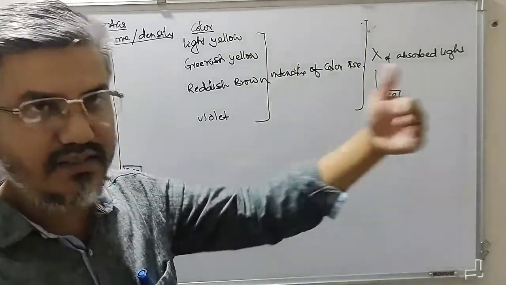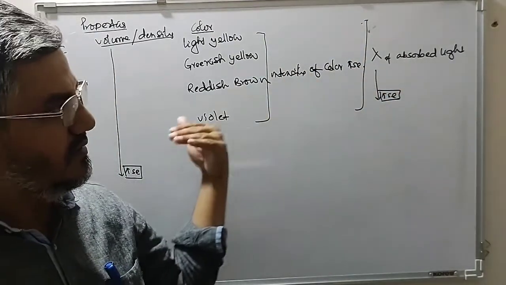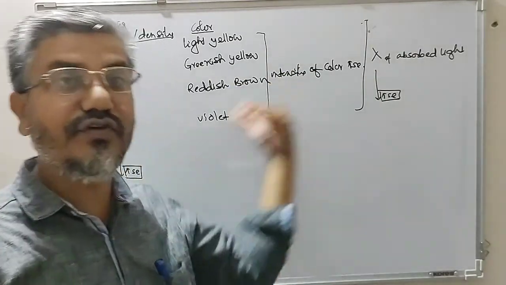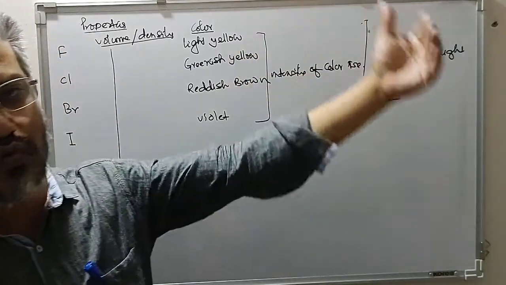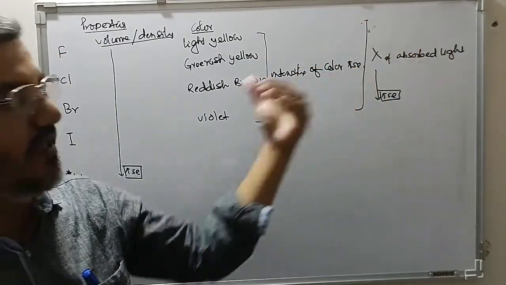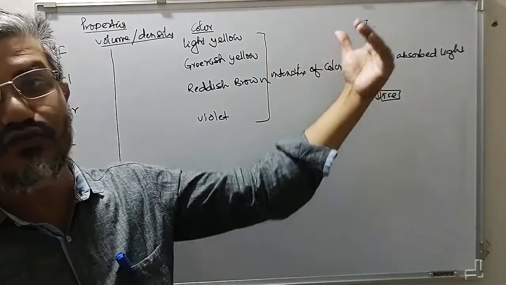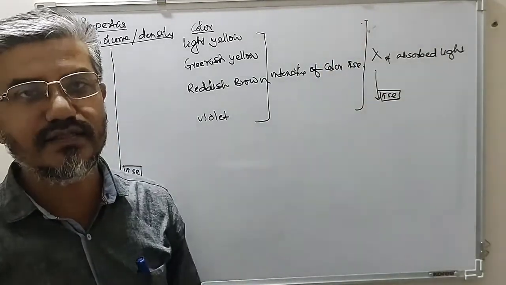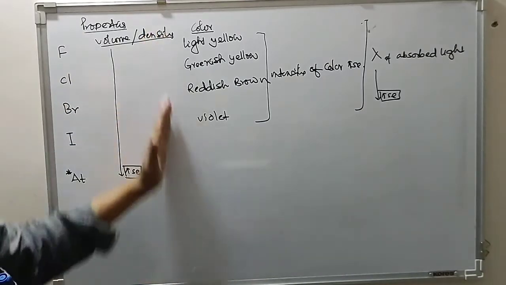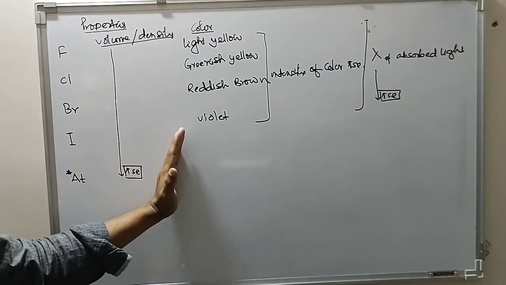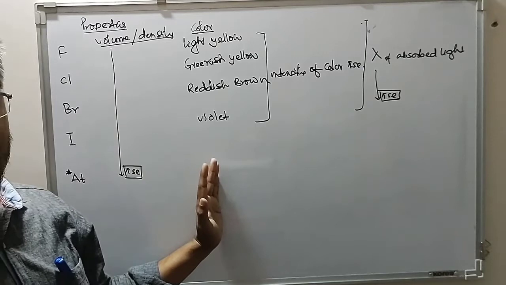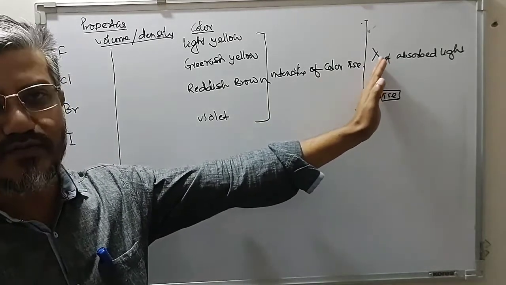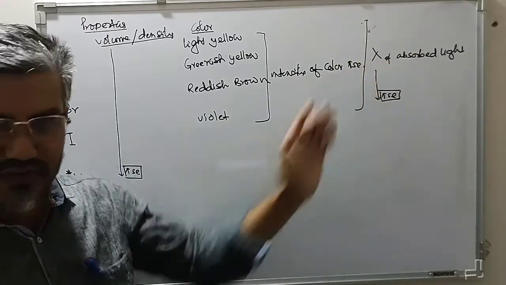So in visible region that is changed from VIBGYOR, violet, to red. To absorb light, frequency decreases or wavelength increases. So this is the color of these halogens, why this color appears and what is the change in wavelength of absorbed light or the frequency of light.